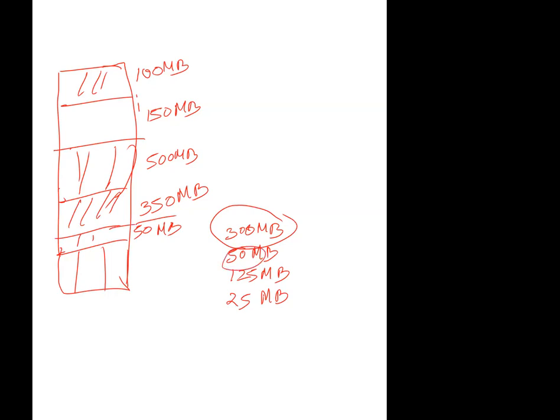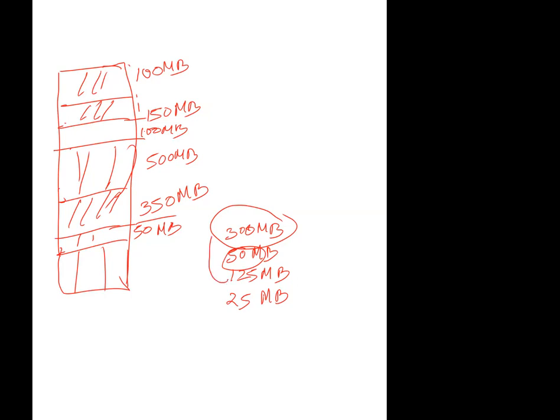It will start from the beginning, find this 150, which is good enough for the 50 MB process. So 50 MB is taken here, and 100 MB is unused space.